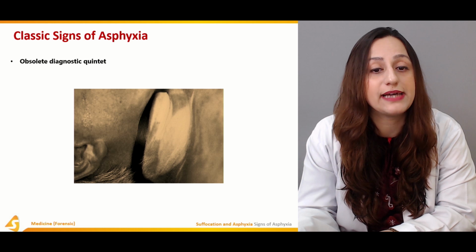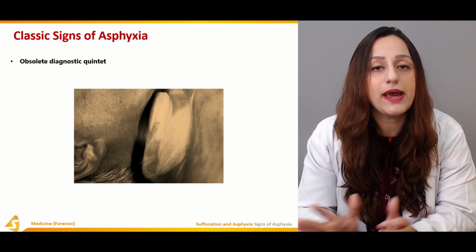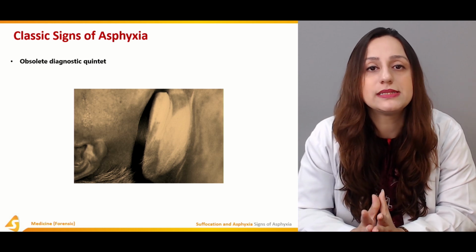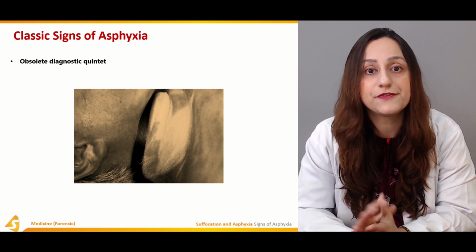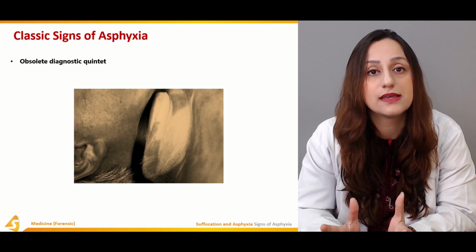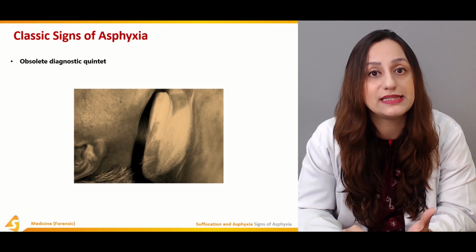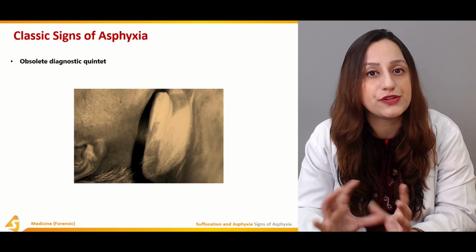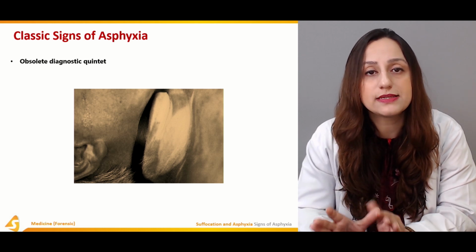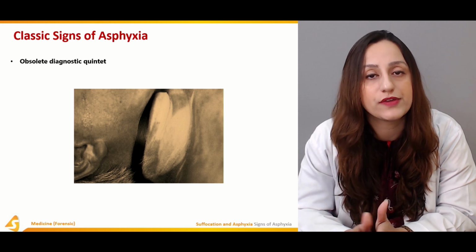The absolute diagnostic quintet. Now, as I was already telling you, the common signs of asphyxial death are of high significance. For example, the petechial hemorrhages, the edema, the swelling, the engorgement of the veins, the engorgement of the right side of the heart. All of these are termed as the signs of asphyxial death.